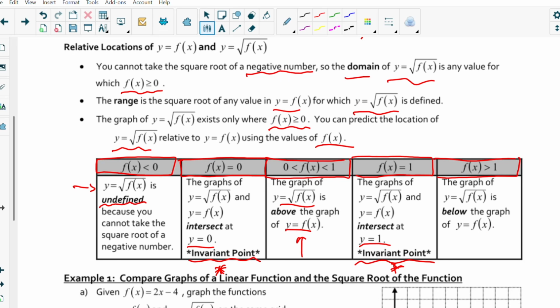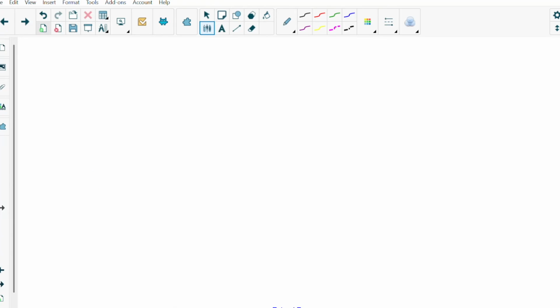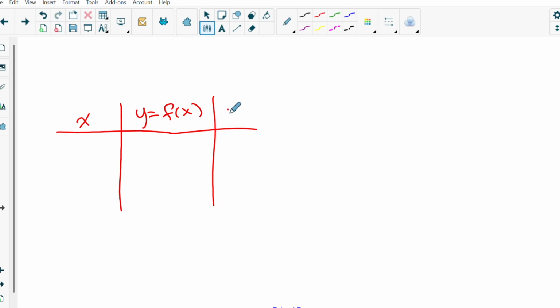So if I do a chart here, let me just do another page here. And if I set up, let's do x here, y equals f of x, and y equals square root of f of x.